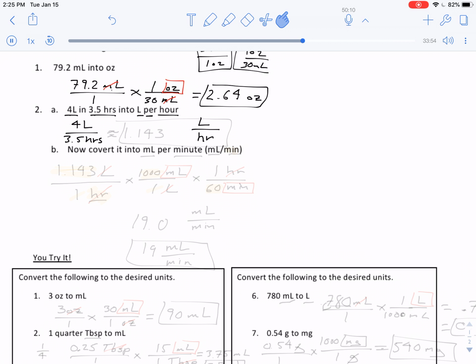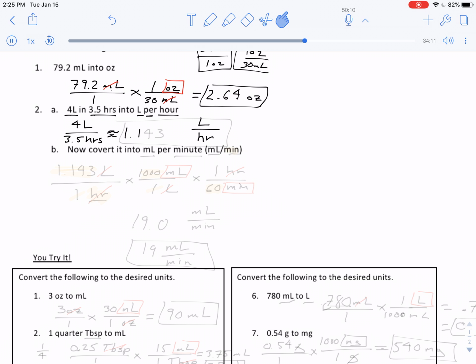So if I do that division, 4 divided by 3.5, I get approximately 1. You don't need those squiggles, but it just bugs me because I'm a math person.